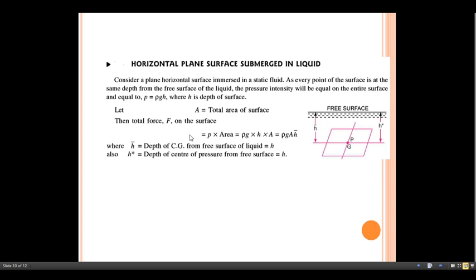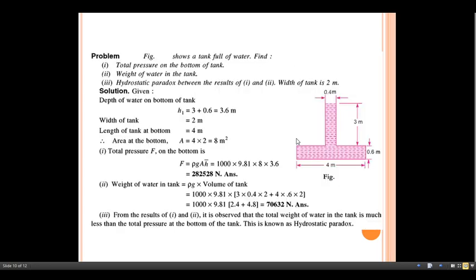F equals rho g into A multiplied by h bar. Just substitute the values for rho g, A and h bar. A is already with us, 8, and the depth of the water is 3.6. So from the calculation, we get 282528 Newton.